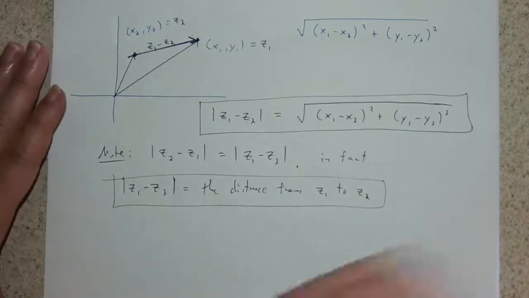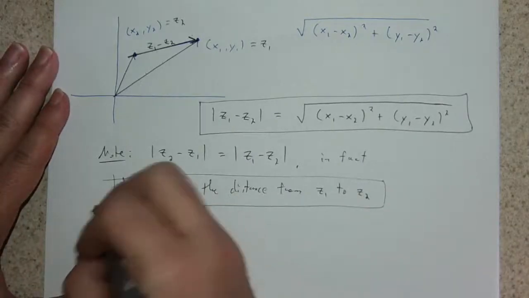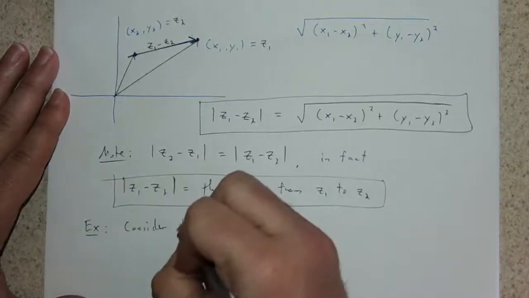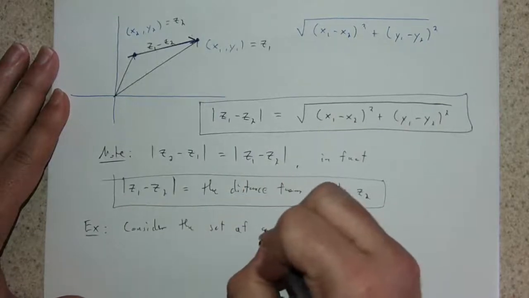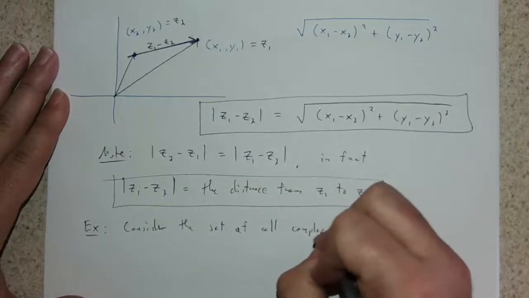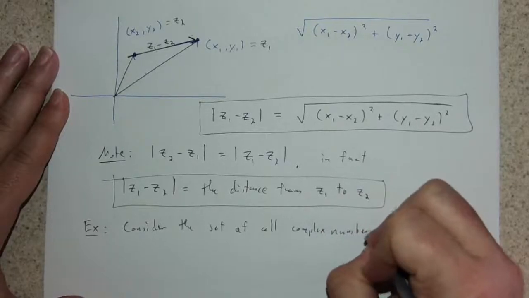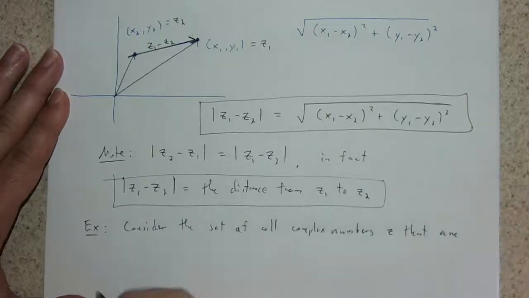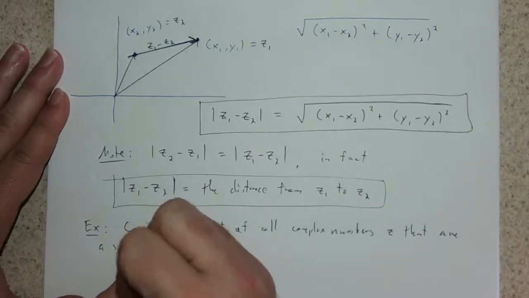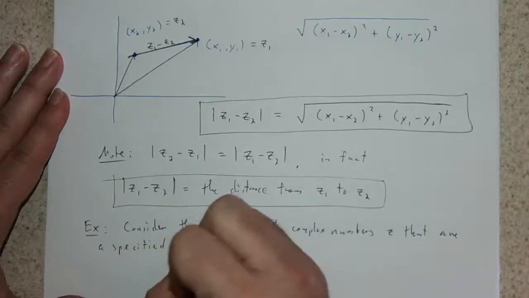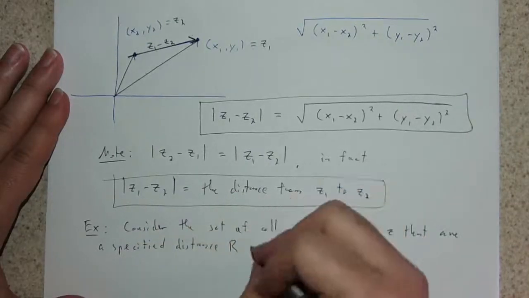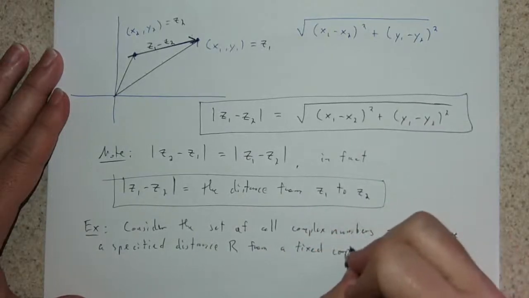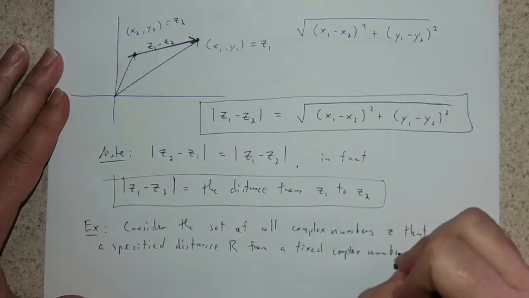So for instance, consider the set of all complex numbers z that are a specified distance r from a fixed complex number z naught.